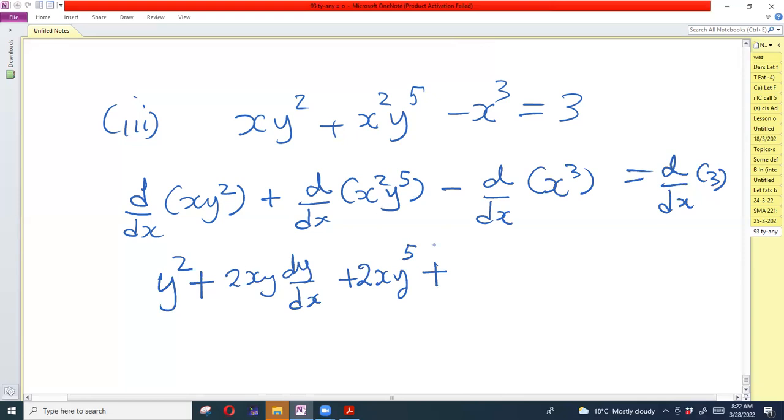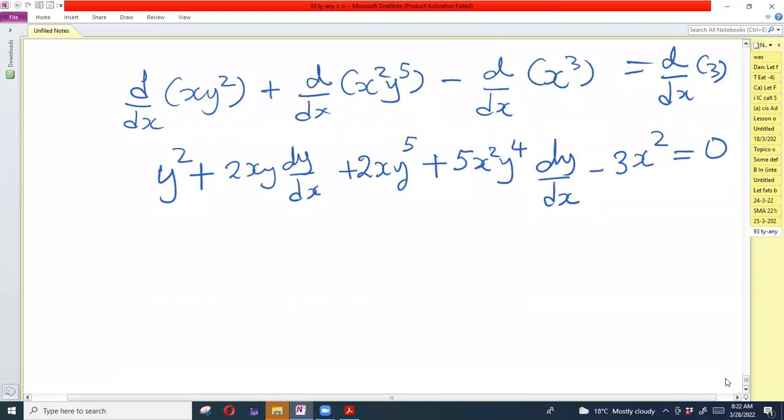Multiplying by x squared, you get 5x squared y to the power 4 dy/dx. d/dx of x cubed is minus 3x squared. d/dx of 3 is 0.